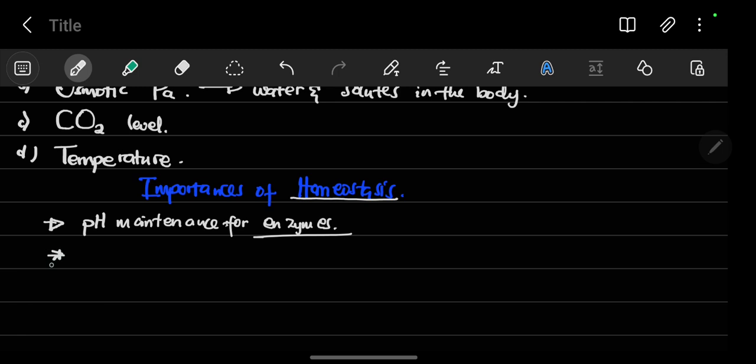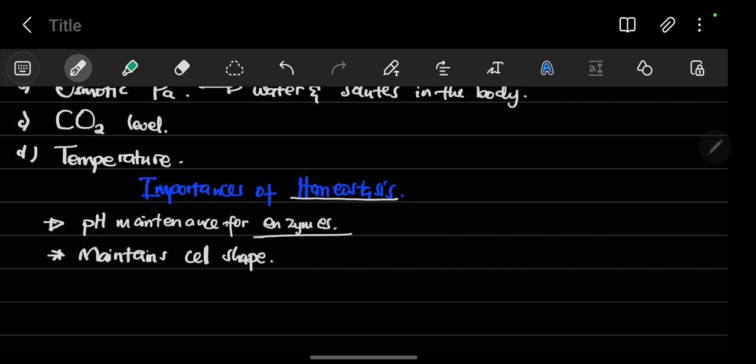Then the other factor is that homeostasis helps in maintaining cell shape. Why?